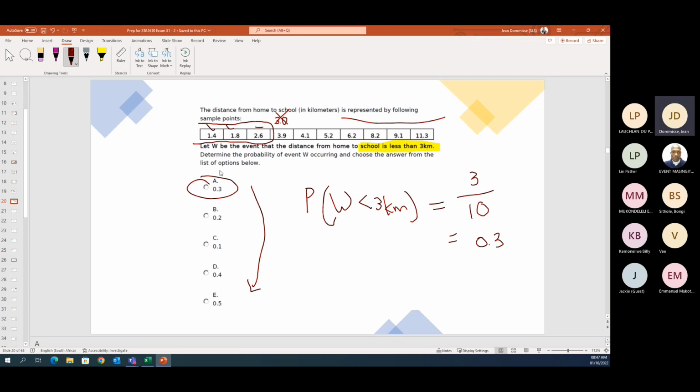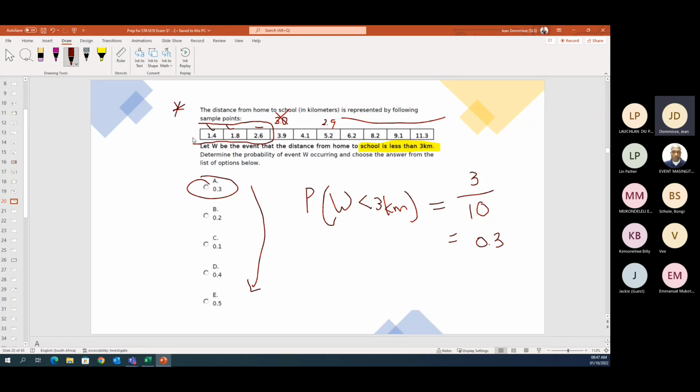What they could have done as well, and just a tip, it might happen, is that you look at the data, there's maybe 3 points, and somewhere here there's a 2.9. Just be careful when you look at the data. Look at the whole data set and see if there's something in there that they want to catch you out with, because they didn't say it is ordered.